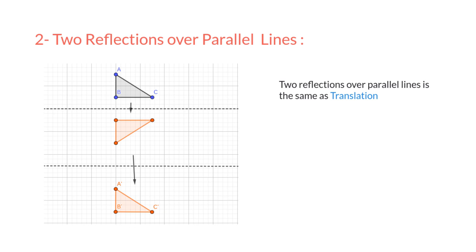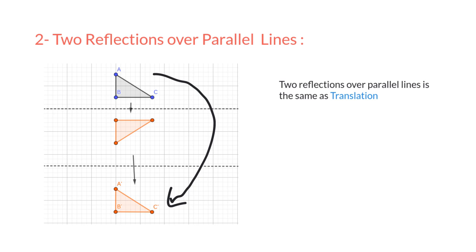So if you go from ABC to A prime, B prime, C prime, it's just a translation. And that will always be the case: two reflections over parallel lines is the same as a translation. So we could have accomplished the same result by just doing a translation.